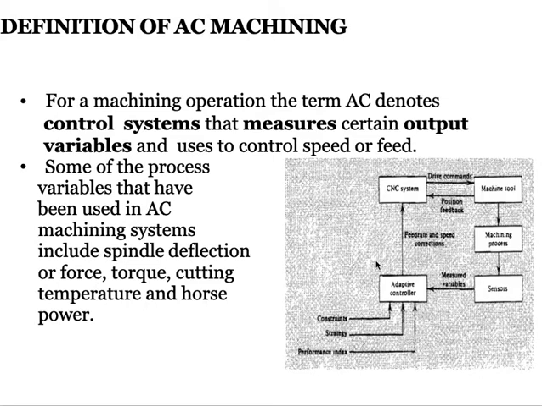Here, the adaptive control feedback provides sensor information on the machining process variables such as spindle deflection, force, torque, cutting speed, cutting temperature, workpiece and tool air gaps, material property variation, vibration amplitude, metal removal rate, cost per unit volume of metal removed, and horsepower.